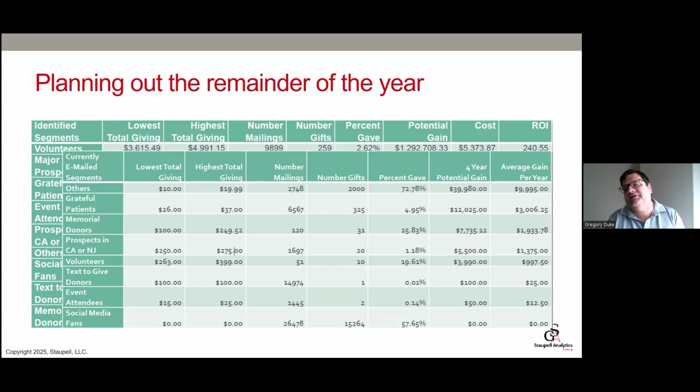And if you spend a certain cost on each of these prospect pools, what are you going to raise during that year? So I do have a class on Microsoft Solver up at Sopel if you're interested.